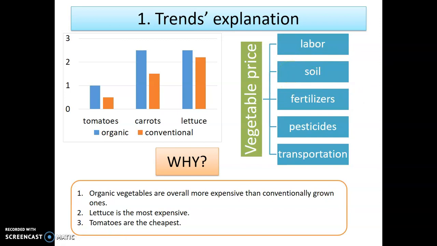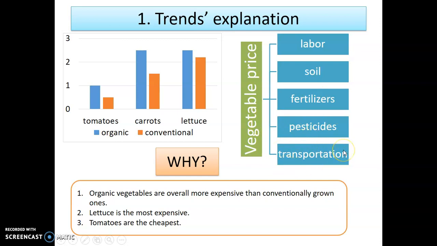It can be 1 square meter, or hundreds or thousands of square kilometers. Fertilizers: different vegetables need different types and amounts of fertilizers. Pesticides, to kill pests. Also, different amounts are needed, which affects the price.